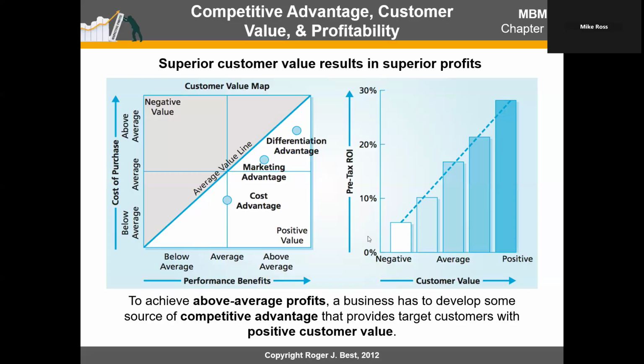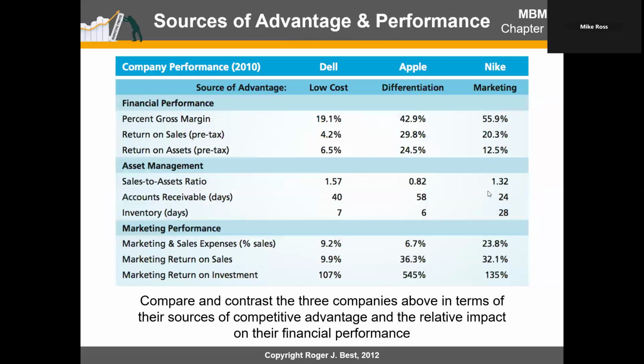And commensurately, we would expect the supplying firm to have a higher pre-tax return on investment, a marketing investment associated with moving to the right in creating greater customer value.